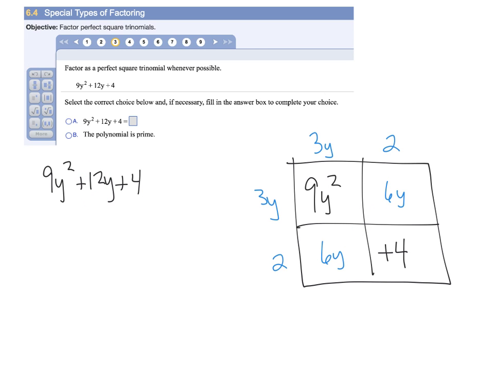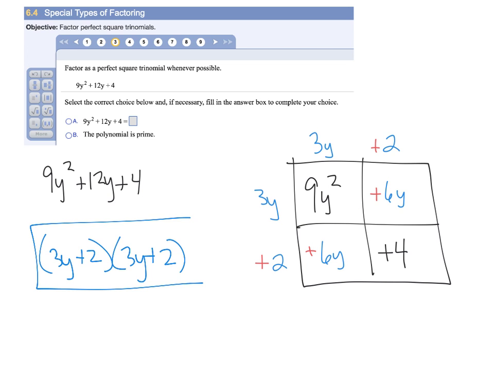Well, that makes this a positive 6y and a positive 6y, which makes this a positive 2 and that a positive 2. And so our factors over here become 3y plus 2 times 3y plus 2. And that is our factors.